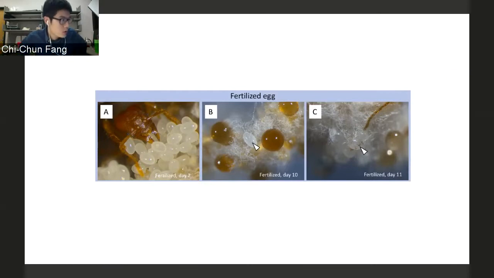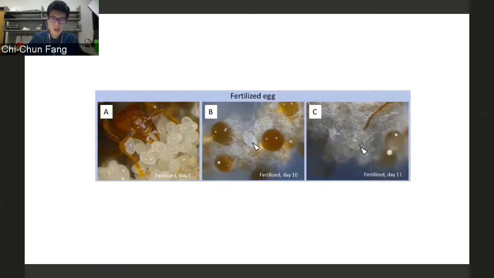we have more images to show the difference between the fertilized eggs, trophic A eggs, and trophic B eggs. For the fertilized eggs, usually the eggs will be guarded by the workers, and after 20 days, or 15 days depending on the temperature, they will hatch into larvae and grow up to workers.